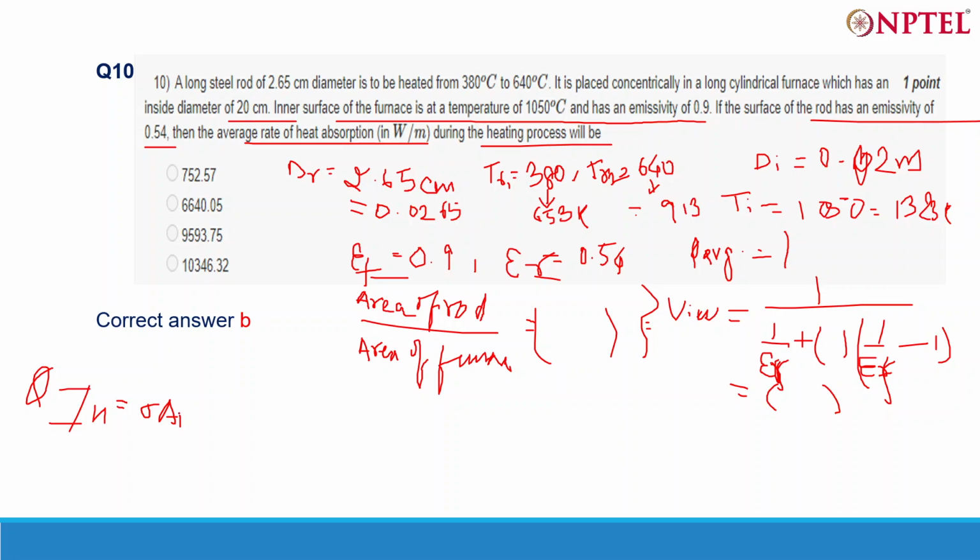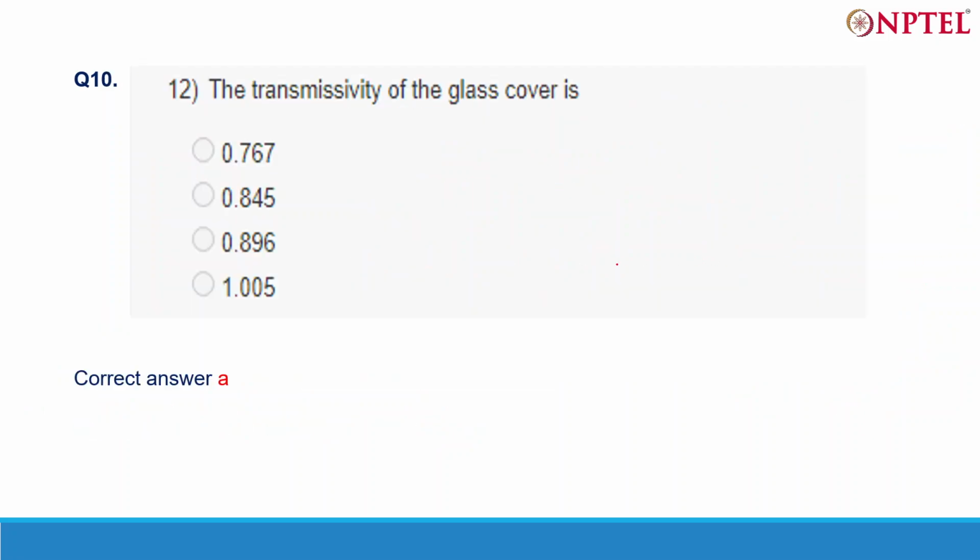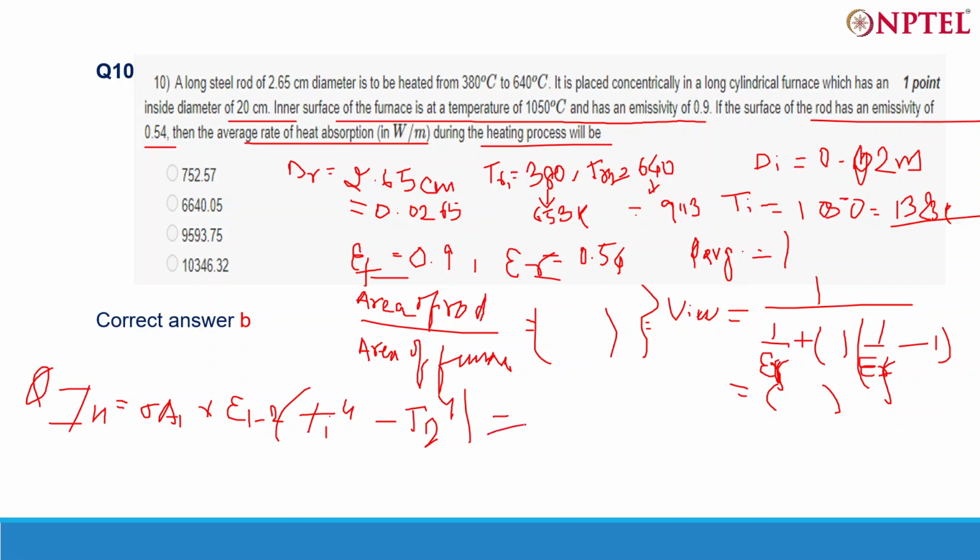A1 you need to calculate, pi into 2.64, that is the area of rod, into epsilon 1 to 2, that is the view factor calculated here, T1 to the power 4 minus T2 to the power 4. Okay, this is T1 actually, sorry, this one. Okay, so you get a value.